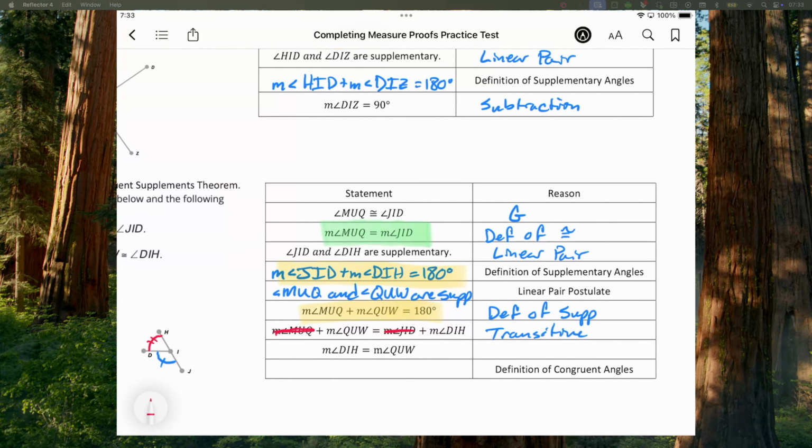We are left with DIH and QUW. That is subtraction. Because their measures are equal, they are congruent. Angle DIH is congruent to angle QUW.